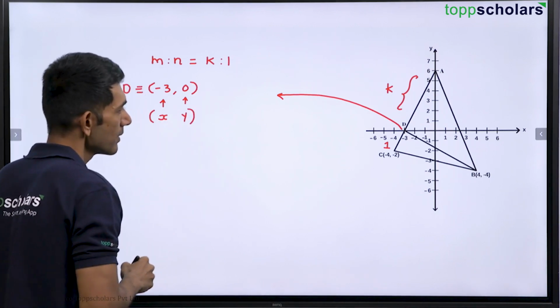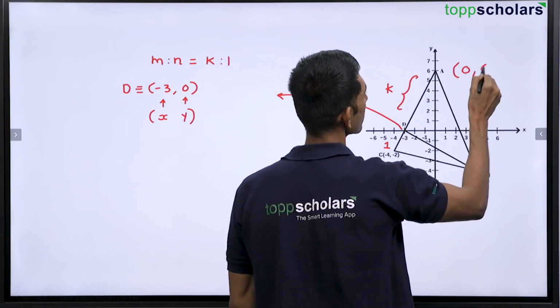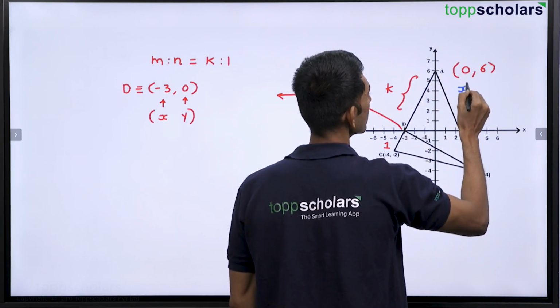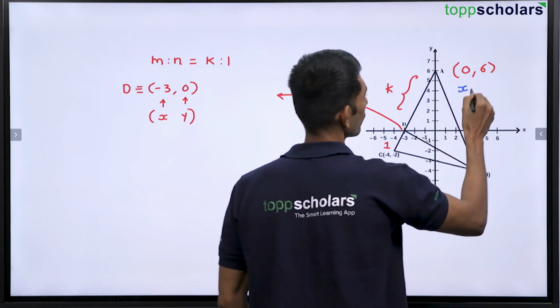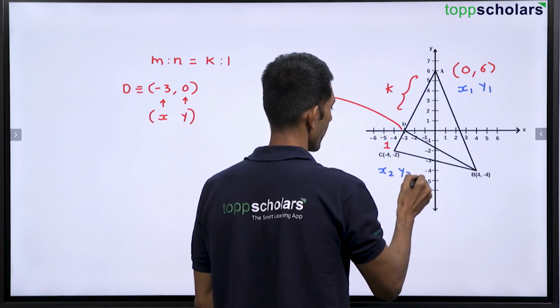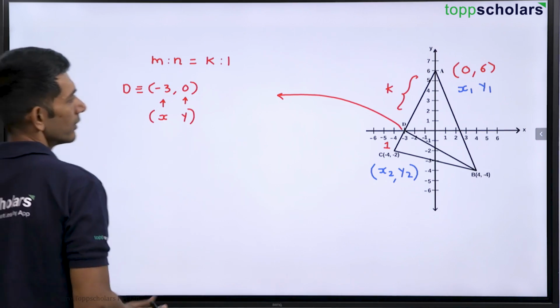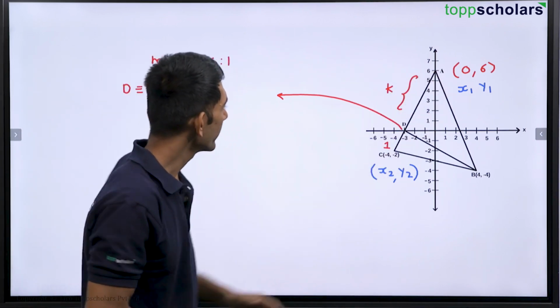Correct? Now, what are the coordinates of A? The coordinates of A are 0, 6. Consider this as x1, y1 and this as x2, y2. This is x1, y1, this is x2, y2.